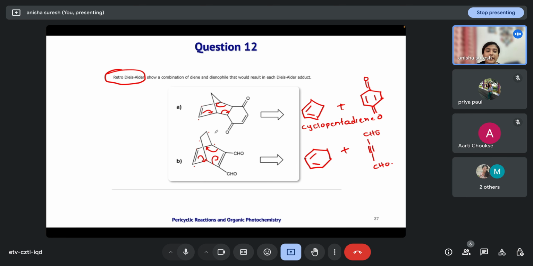In the same way we push arrows for the Diels-Alder reaction to take place, we push the arrows which give the starting materials back, and that sort of ring opening of the Diels-Alder is known as retro Diels-Alder reaction. Fine.